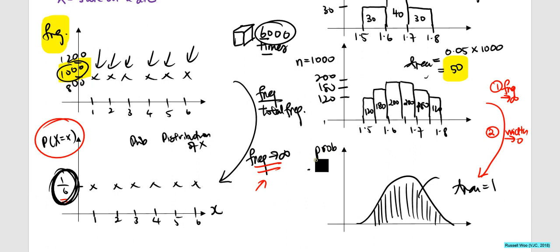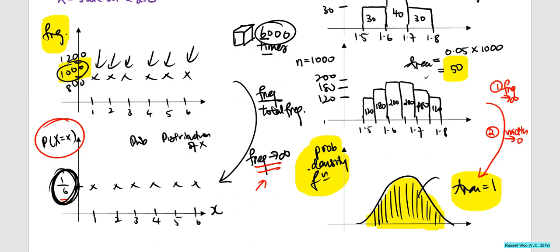Now this represents the probability density function of a continuous random variable. The definition of a probability density function is such that the total area must equal 1. So that sums up what a continuous random variable is.